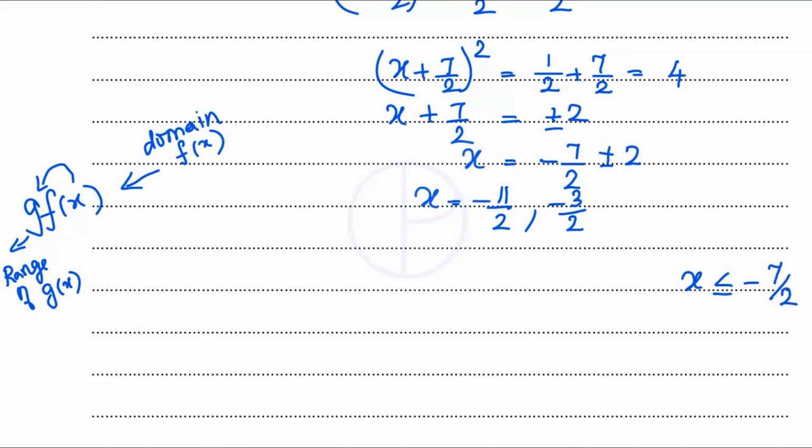Okay. So out of these two, which satisfies this? Minus 3 over 2 is not less than or equal to negative 7 over 2. So minus 11 over 2 is less than or equal to minus 7 over 2. So x takes only negative 11 over 2.